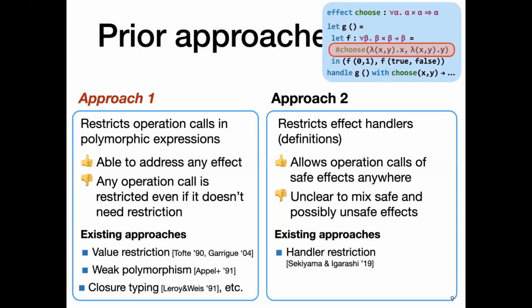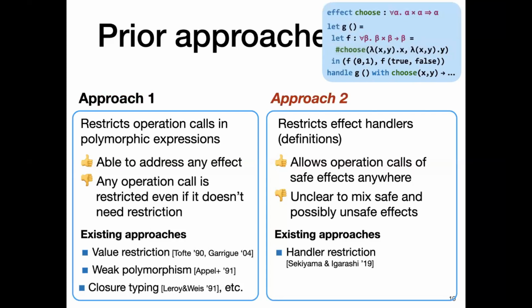For example, we found in the previous work that exception and backtracking don't need a restriction, but the approaches in this category don't distinguish effects that need a restriction from effects that don't need a restriction. So they impose a restriction for all effects.